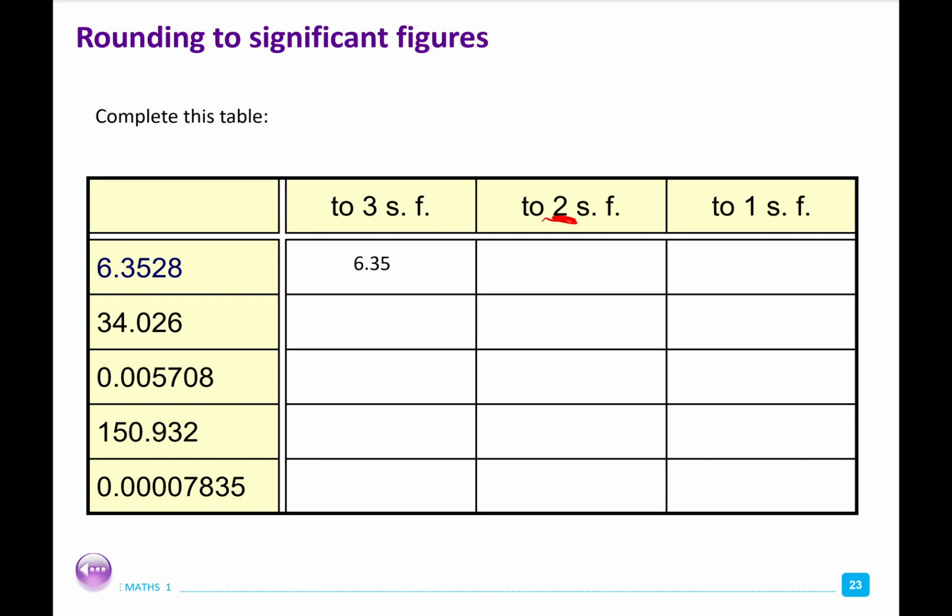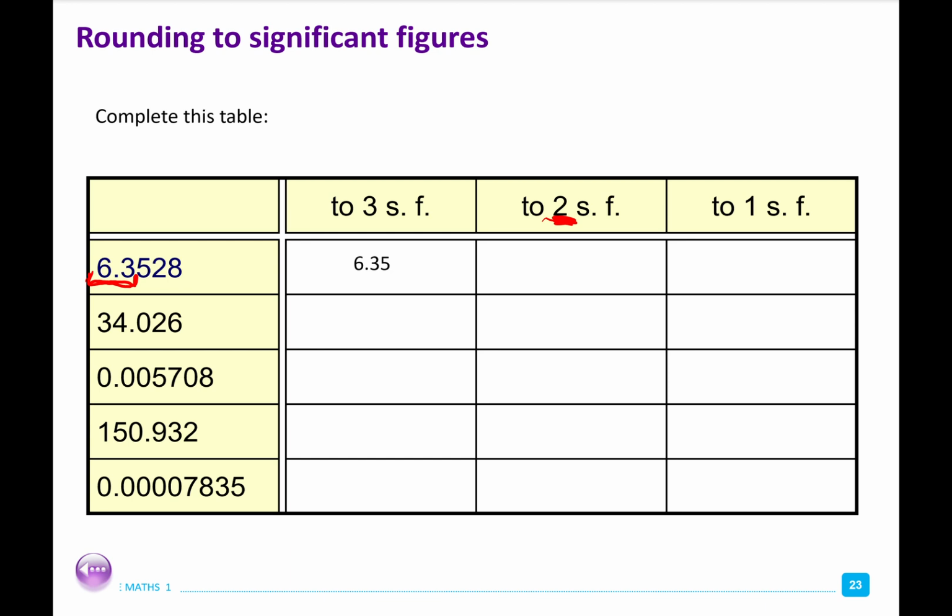In part 2, I'm asked to round to 2 significant figures. This means I keep the 2 largest values. So I keep the 6.3.